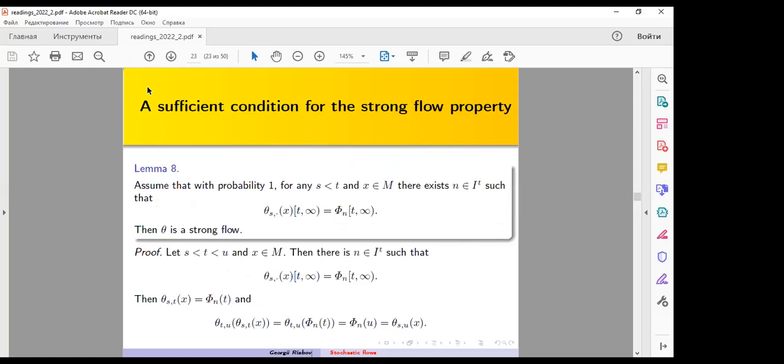In fact, in some situations, theta can be a strong flow, and the condition is that with probability 1, when s is strictly less than t, then after time t, the trajectory of theta coincides with phi n for some n.